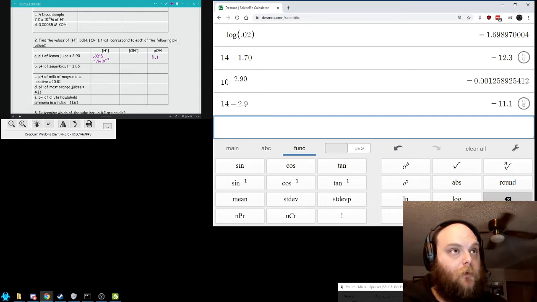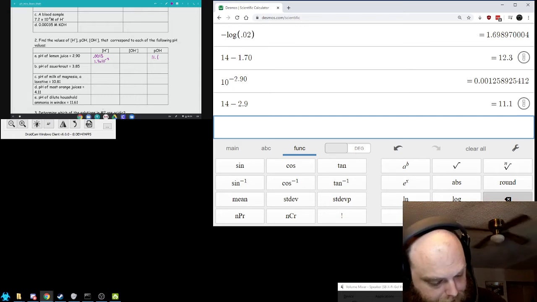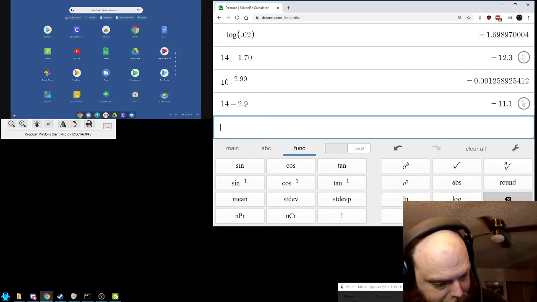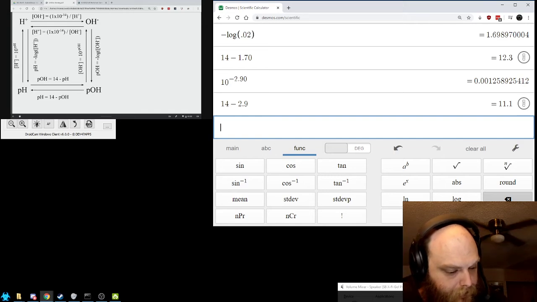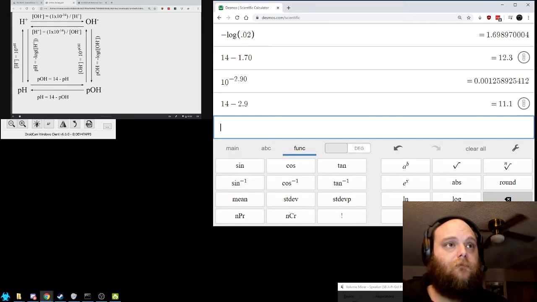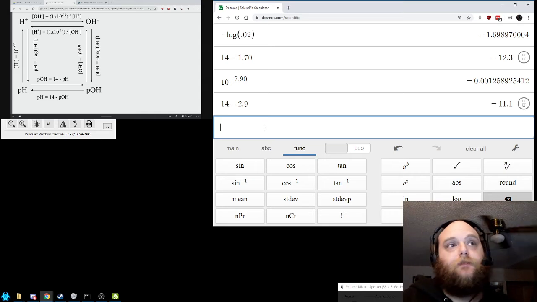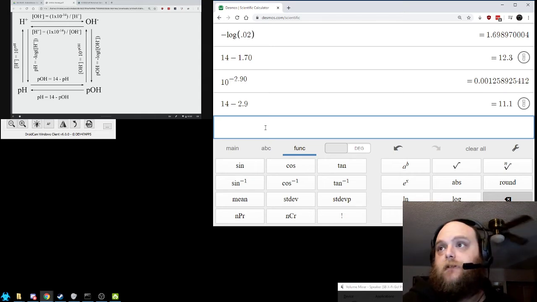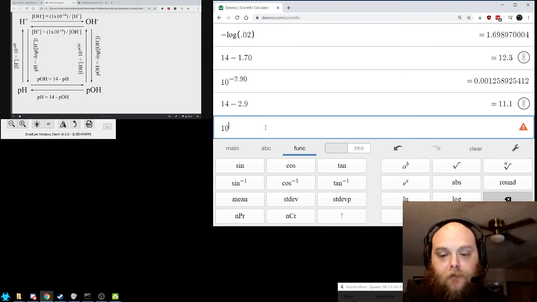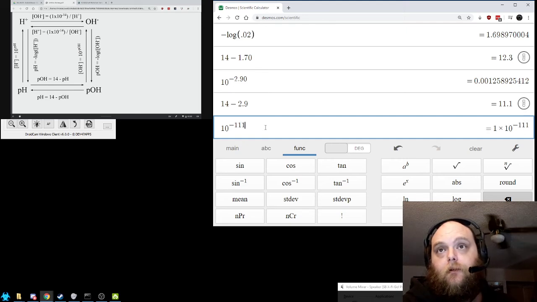And with a pOH, we can calculate the OH minus concentration. How do we do that? Well, we go back to our handy dandy square. The OH minus concentration is equal to 10 raised to the negative pOH. So, 10 raised to the negative 11.1.